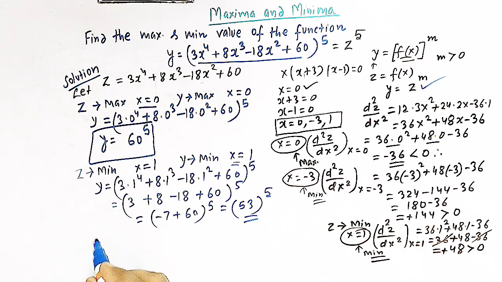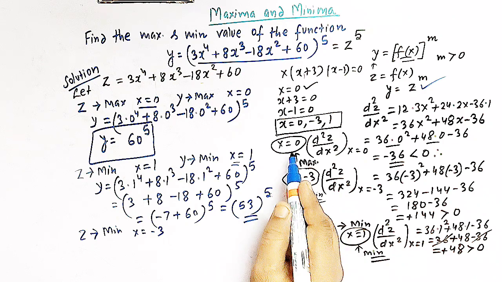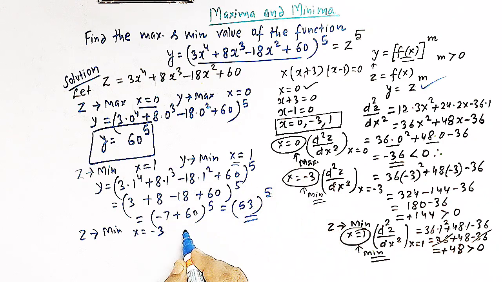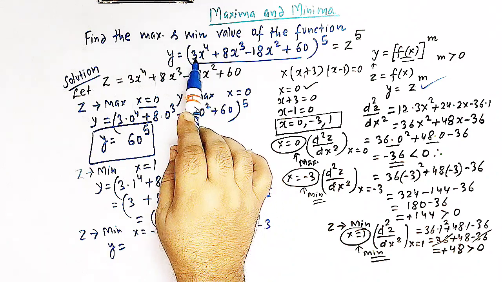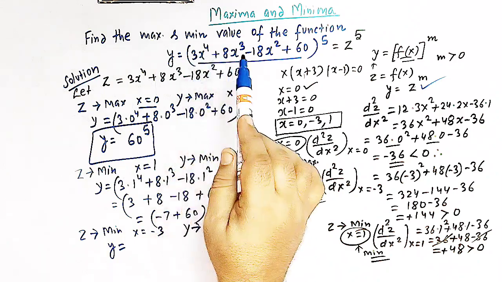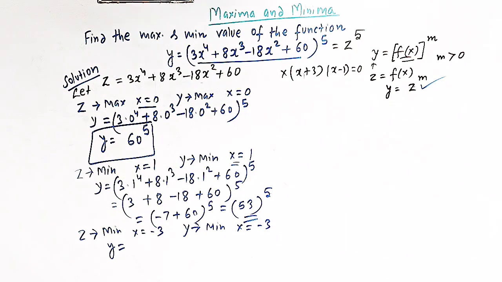Now z is also minimum at x is equal to minus 3, right? So y is also minimum at this point, that is x is equal to minus 3. So the minimum value can be obtained by taking x is equal to minus 3 in this expression.